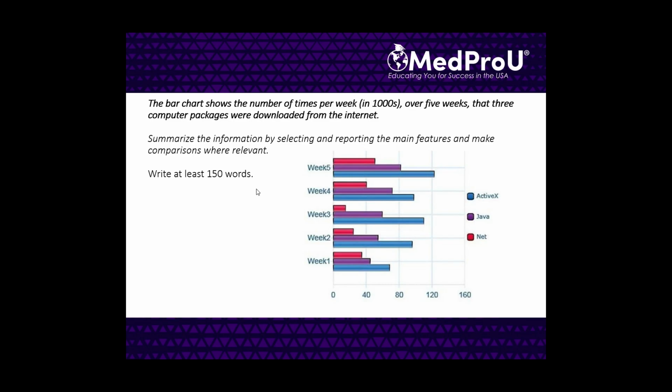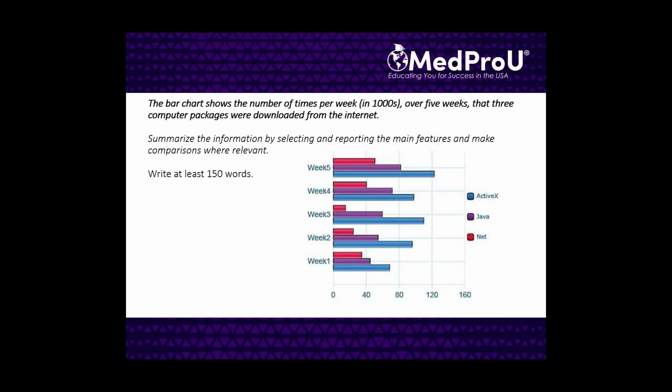So now, what will be in your overview? What is the highlight? What is the most downloaded computer package in this chart? Linda, the chart demonstrates the weekly downloads in thousands from computer packages over a period of 5 weeks. Correct.